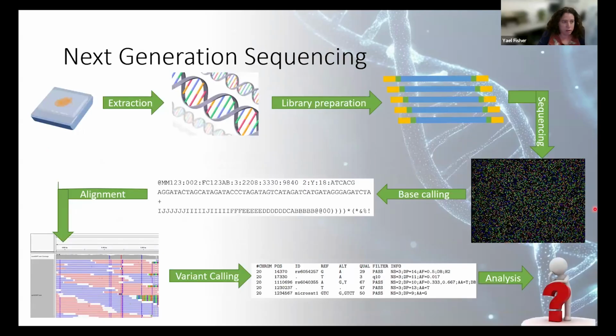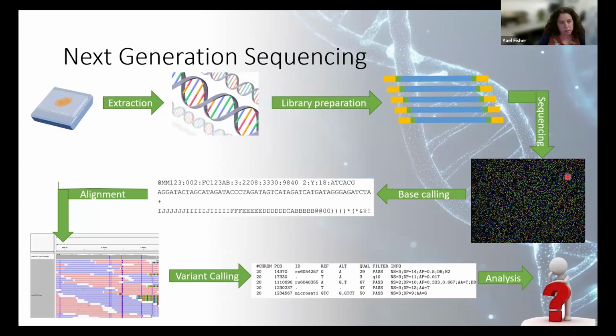So again, we're talking about next generation sequencing, and this is a summary of the whole process from tissue to a list of variants to analyze. So we start with extraction of DNA, continue with library preparation, and then sequencing.